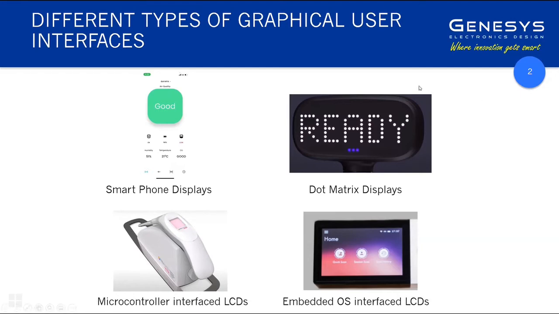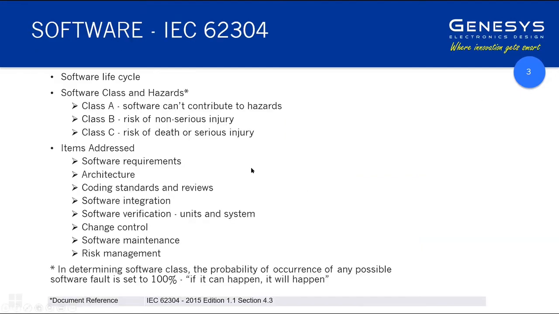So moving on to the next. Before I go into the specifics of LCD displays, just a generic discussion on software and IEC 62304. IEC 62304 is called up by IEC 60601-1, the headline standard, and effectively it goes through software lifecycle, software class and hazards, so identifying a class.